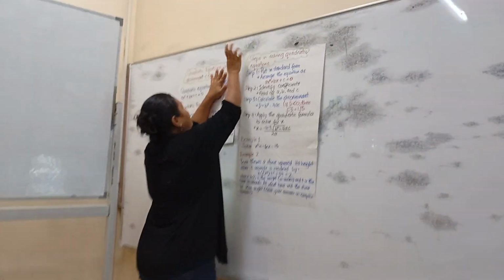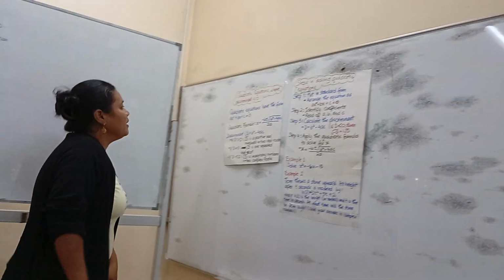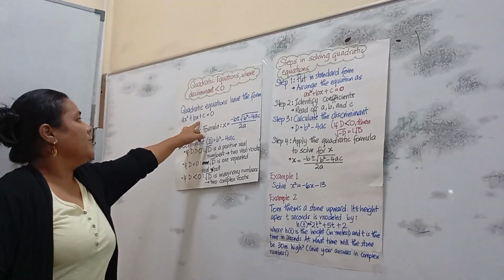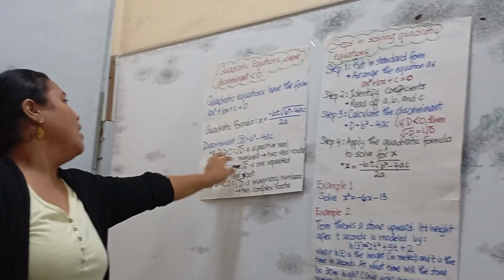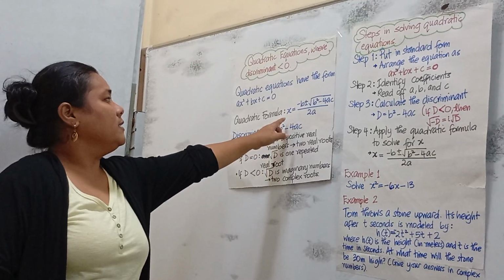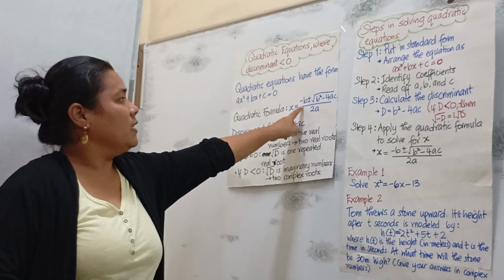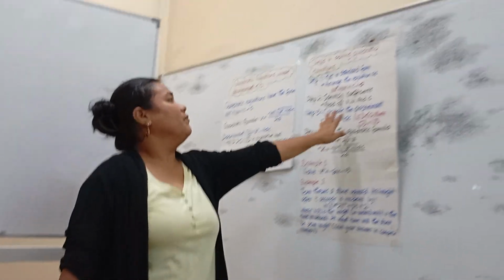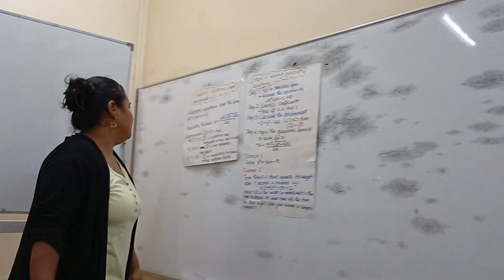A quadratic equation has the form ax squared plus bx plus c is equal to 0. The quadratic formula is x is equal to -b plus or minus the square root of b squared minus 4ac, over 2a.